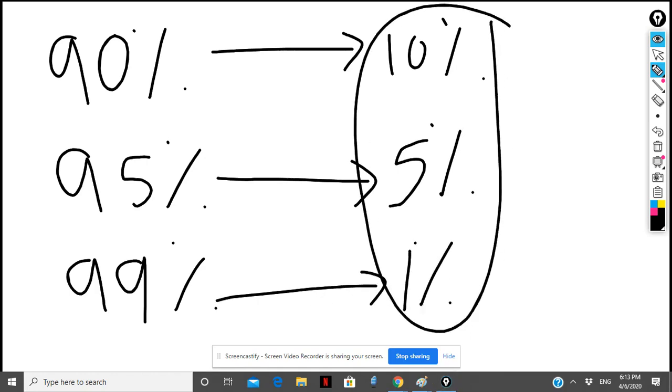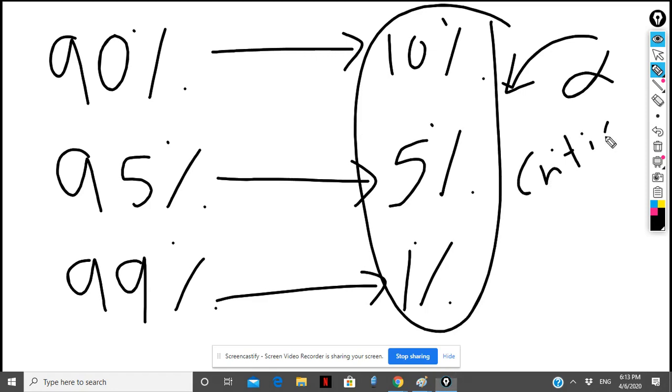That's what we call alpha, which is the critical region. In the 10, 5 and 1%, I'm not sure about my statistical analysis, but I'm sure for 90, 95, 99. So that's the first thing we have to clarify, that the remaining percentages represent the critical regions.